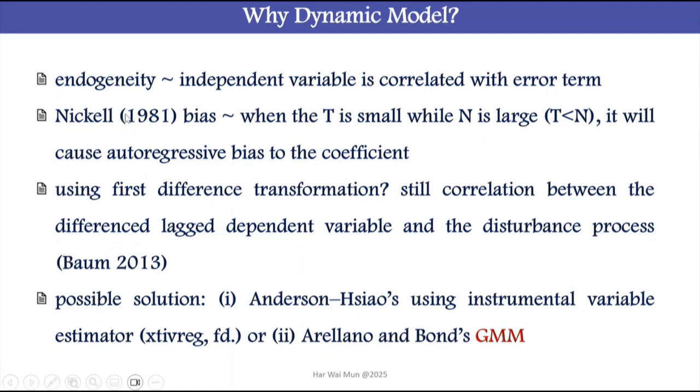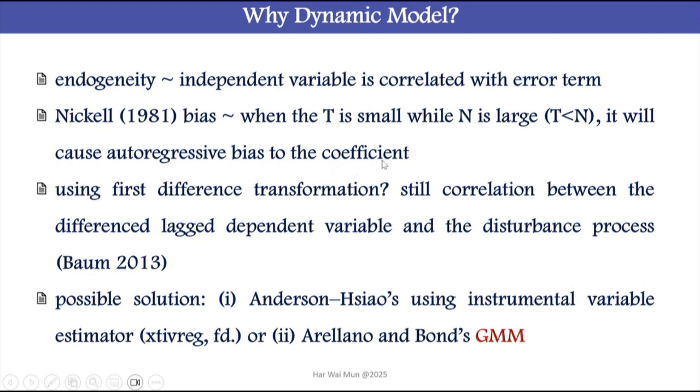If you choose a dynamic model, your examiner or reviewer will ask why you chose this model, so you have to write at least some technical term to impress them. You have to Google this Nickell bias. When T is small and N is large, it will cause autoregressive bias to the coefficient, right?